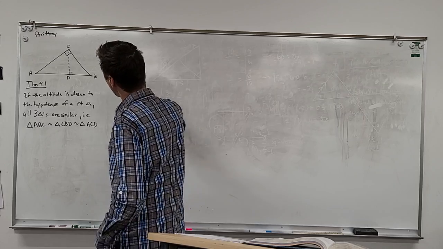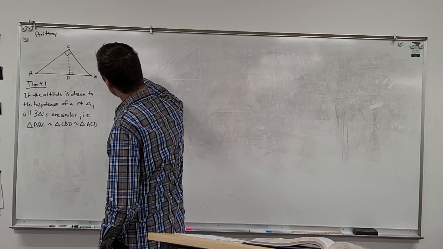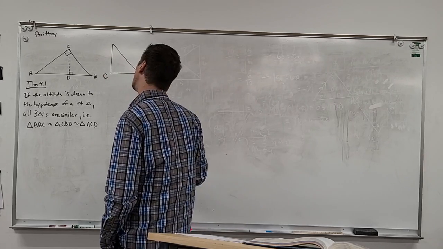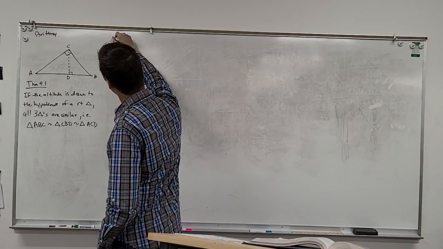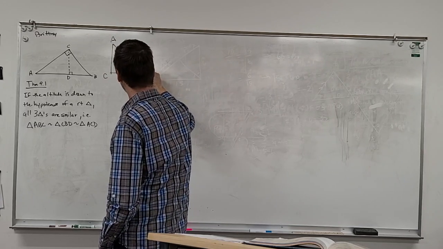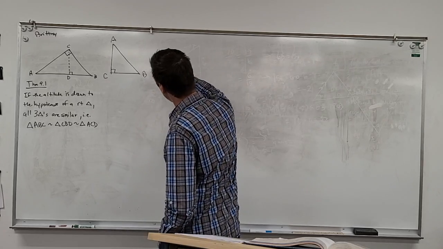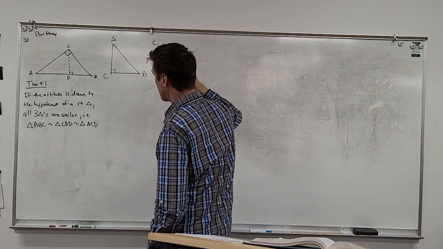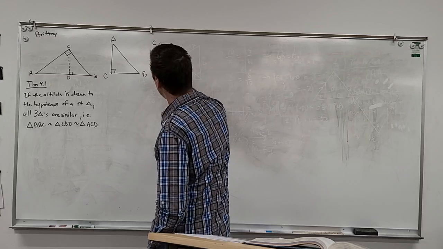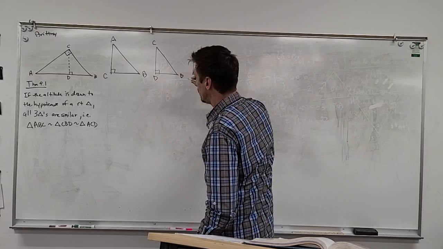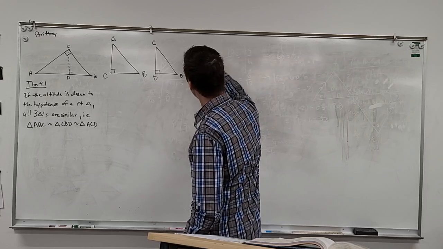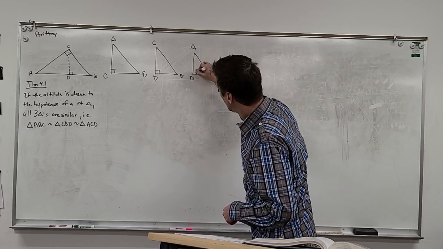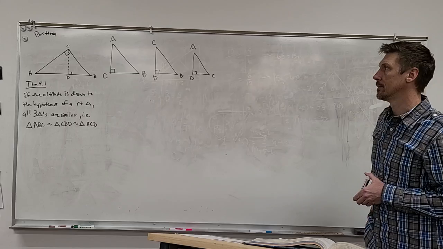So our triangles, if we drew them all, would be like this: this would be C, this would be A, and this would be B. So we have the big one that looks like that, then a medium-sized one that looks like C, B, D, and then a smaller one that looks like A, C, and D. Those are all of our triangles if we were to draw them out side by side.